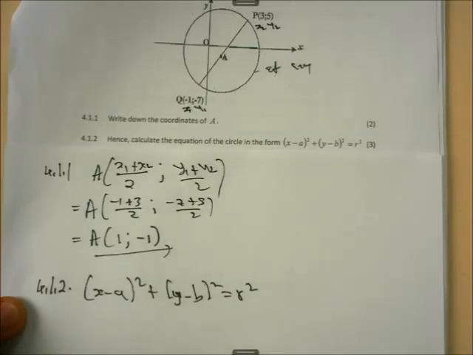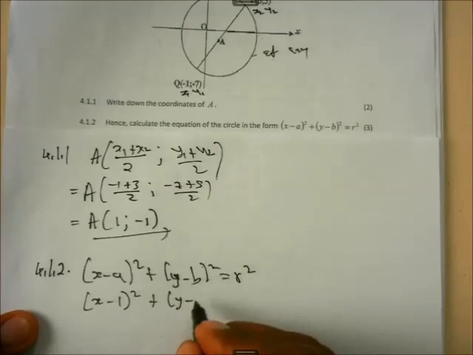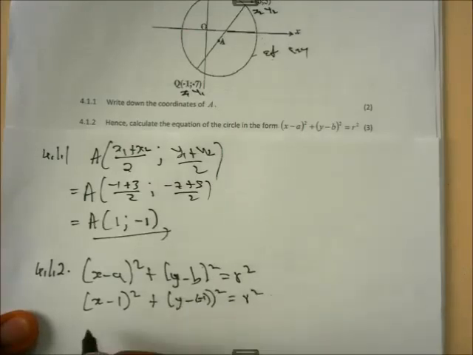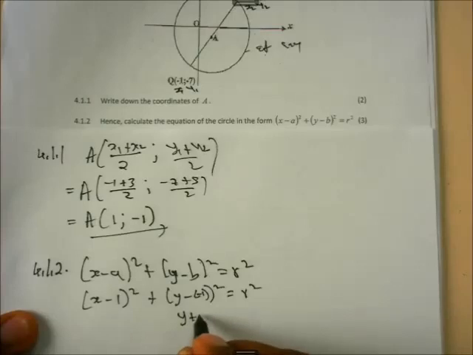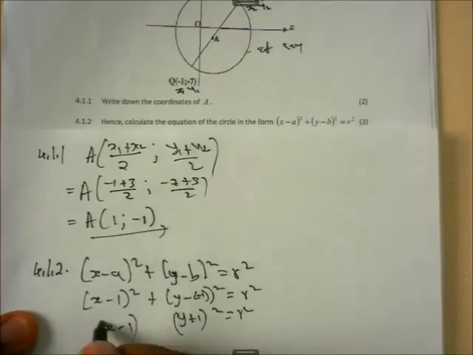Then what is the center there? Then a is 1, and y there, which is our b, is negative 1. So x minus 1 all squared plus y plus 1 all squared is equal to r squared.